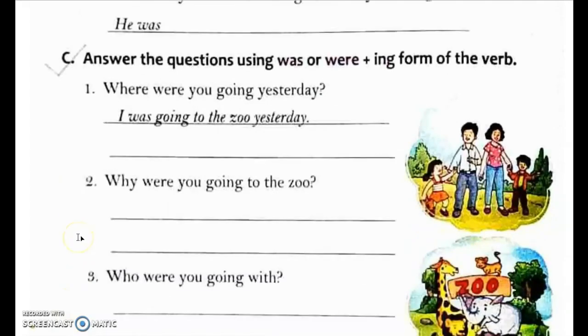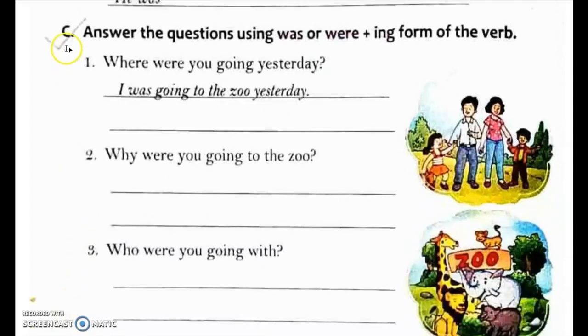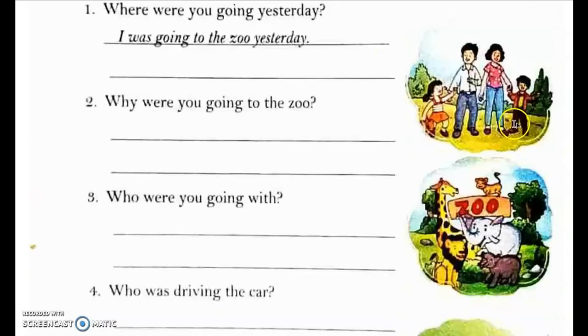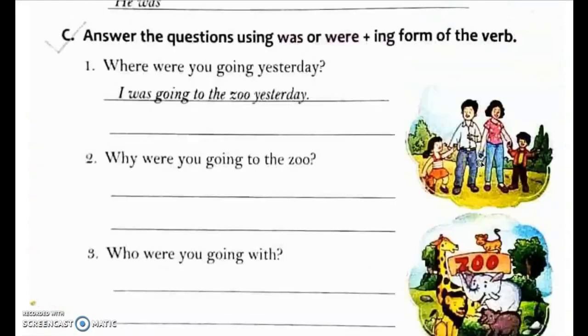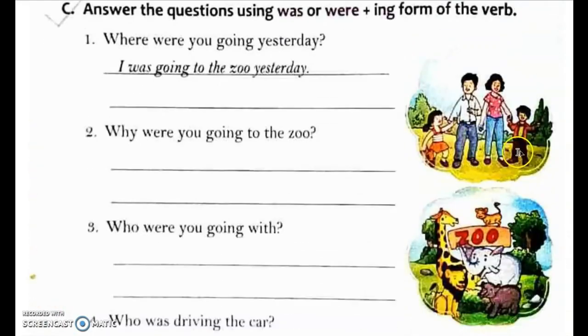Now let us move to exercise C. Answer the questions using was or were plus ing form of the verb. Few pictures are given here and you will see the pictures and you will write the answers accordingly. Okay.